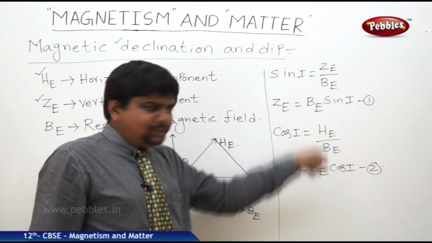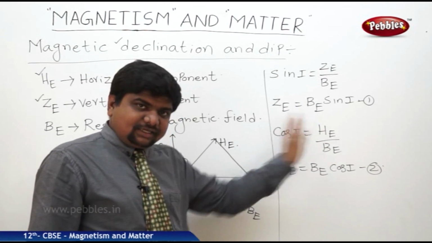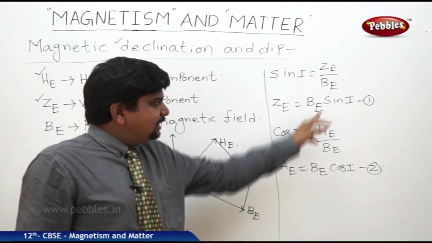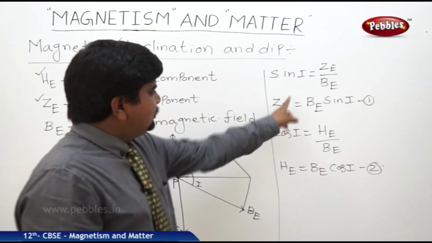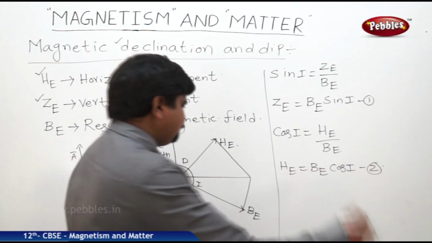If you do 1 by 2, equation 1 by equation 2 on LHS and RHS, we will get BE by BE cancel out, sin I by cos I is tan I, so ZE by HE.